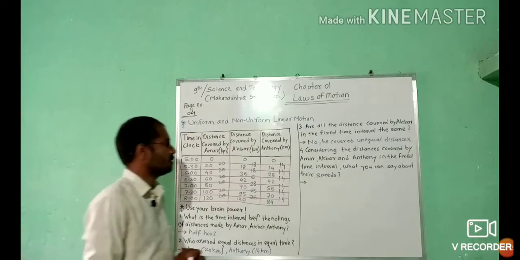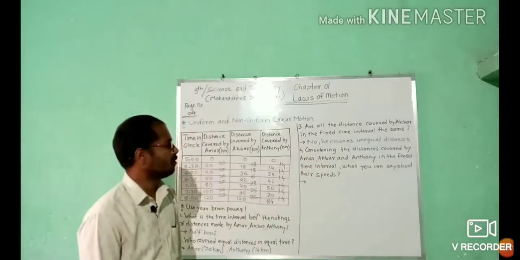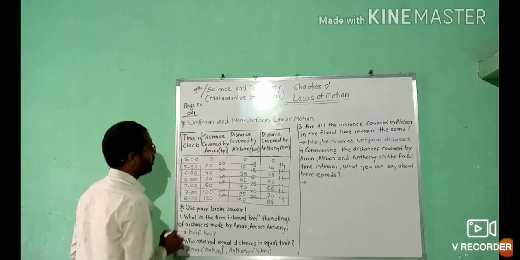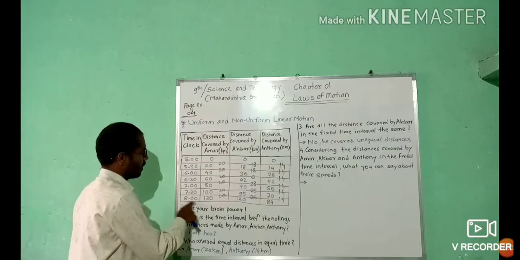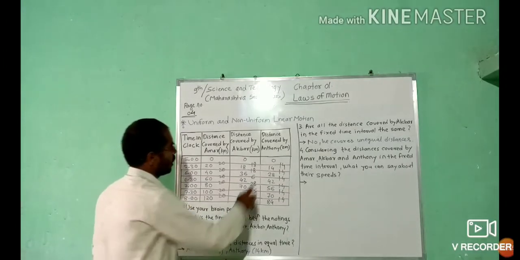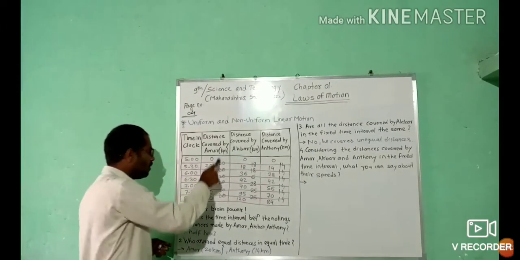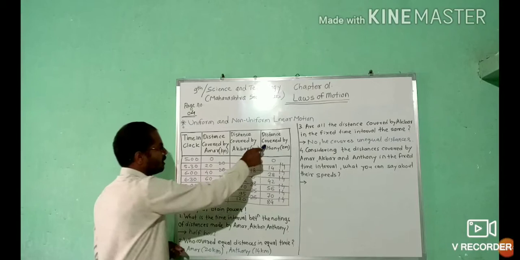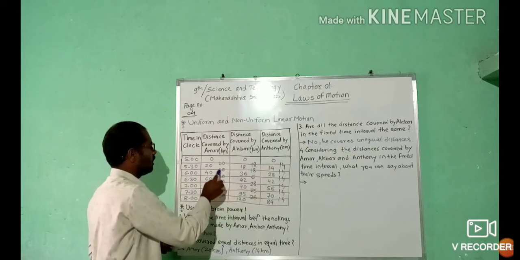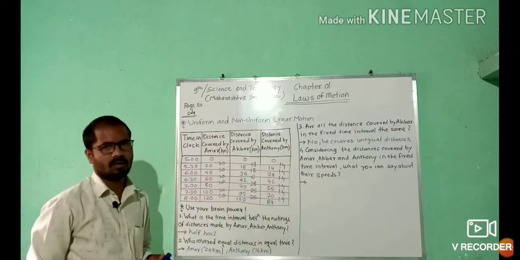Now the fourth question: considering the distances covered by Amar, Akbar and Anthony in the fixed time interval, what can you say about their speed? Amar has covered a total of 120 km up to 8 o'clock, Akbar also 120 km, and Anthony 84 km. Amar has a constant speed, and Anthony also has a constant speed, which means they cover equal distances in equal time intervals.